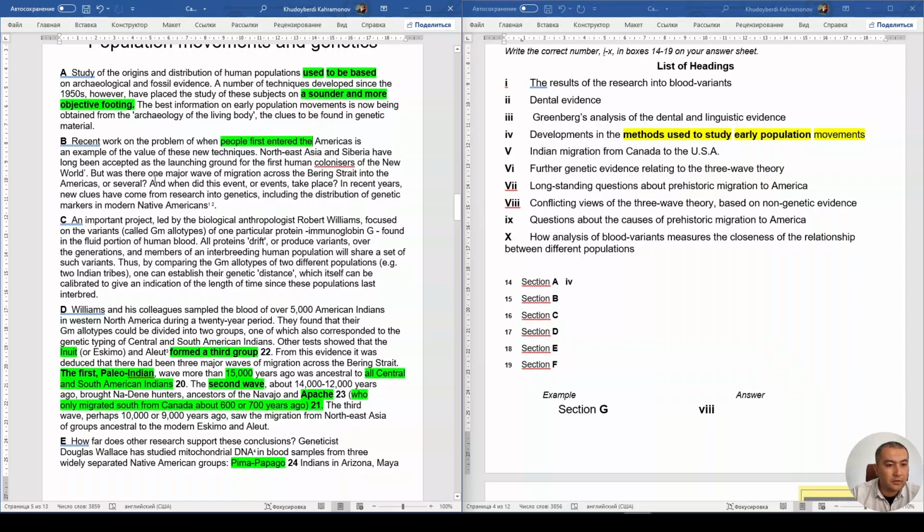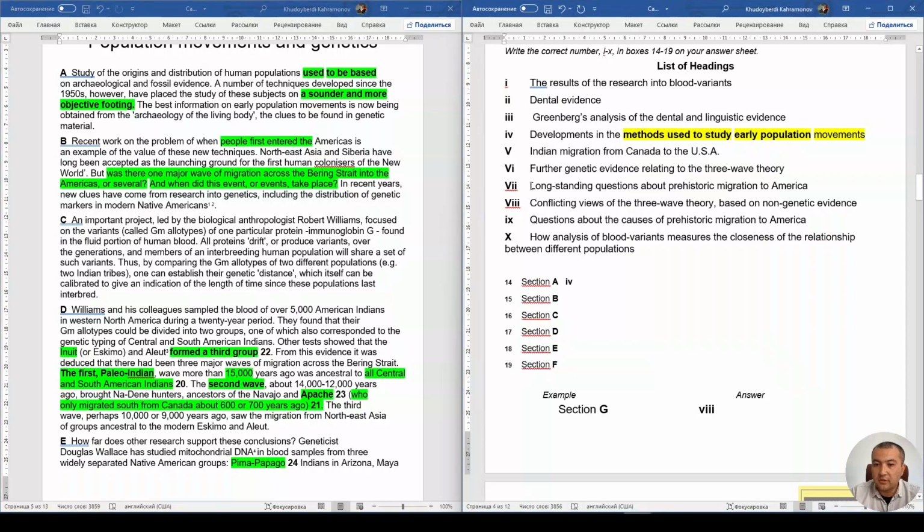But was there one major? You see, we have the question sentence here, and the next one is also a question. And in recent years, new clues have come from research into genetics, including the distribution of genetic markers in modern Native Americans.